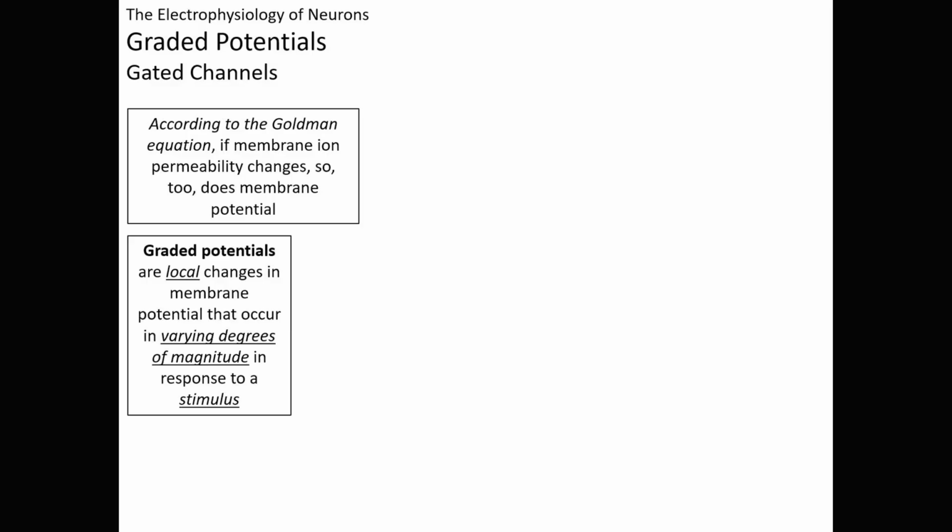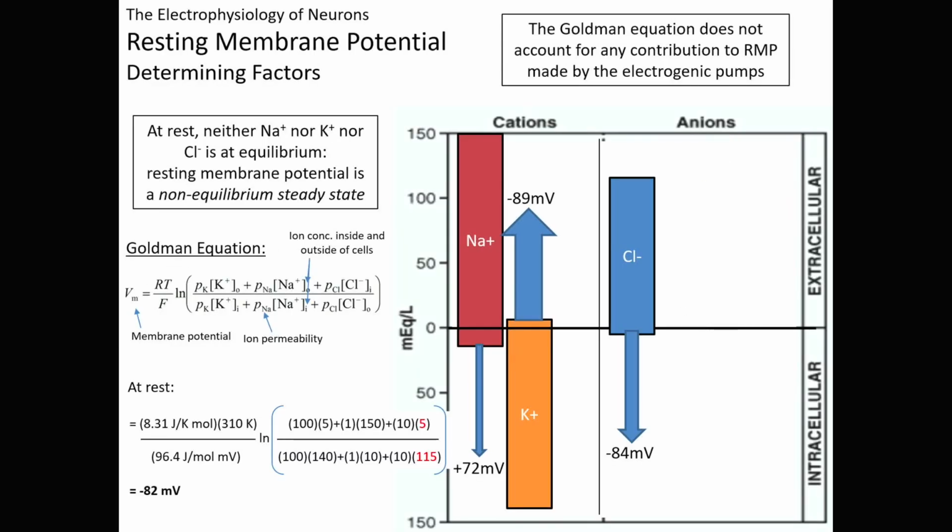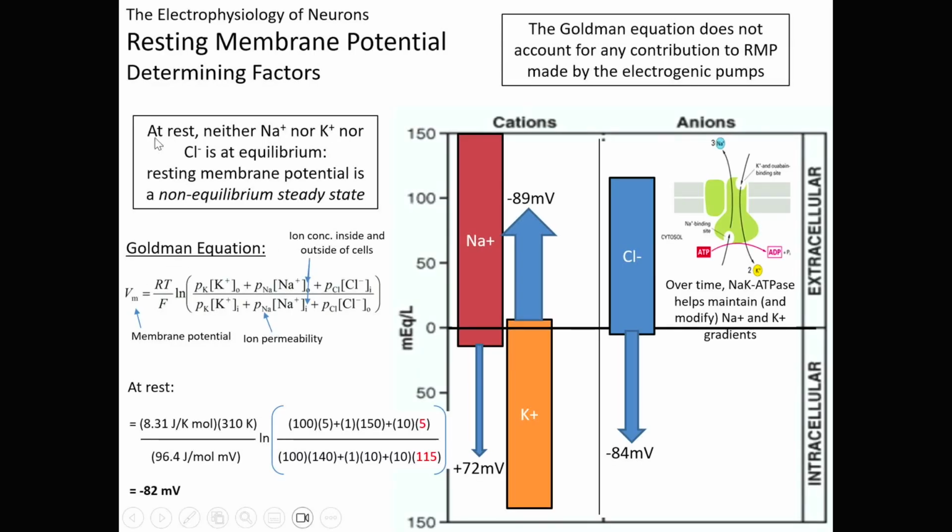If we go back to the Goldman equation that I just introduced, one of the things we can extrapolate from the Goldman equation is that if the membrane ion permeability changes, so too does the membrane potential. If I go back real quick to our Goldman equation here, we can very quickly recognize that if we change the permeability for any of these ions, if we have new channels that open up that allow this ion to pass through the membrane to a greater extent, that's going to lead to the math here mathing differently.